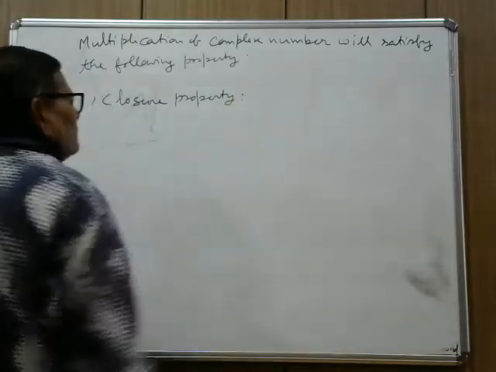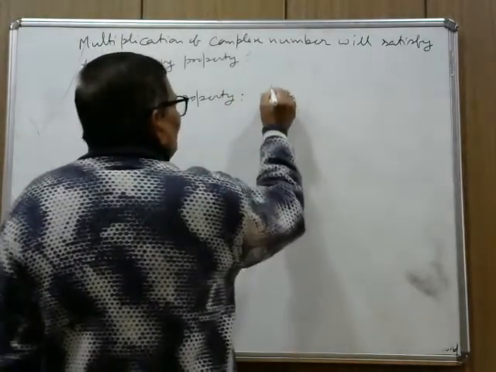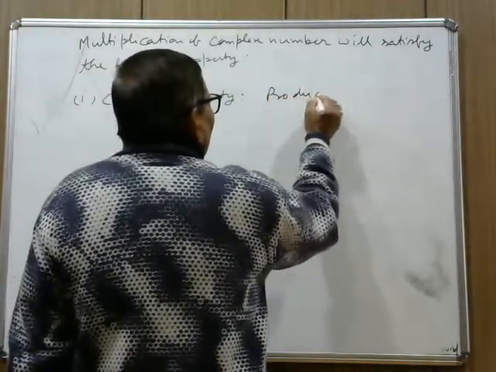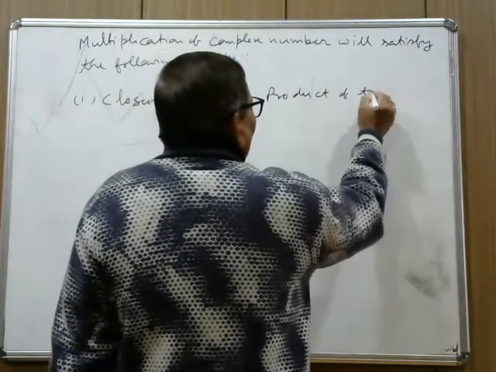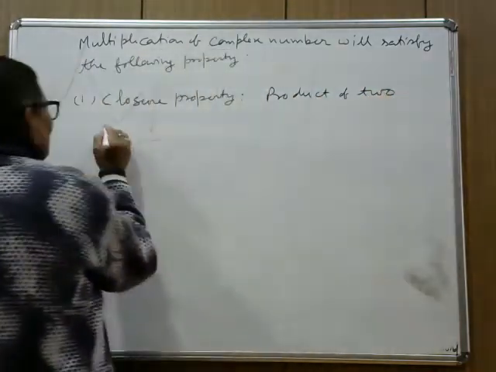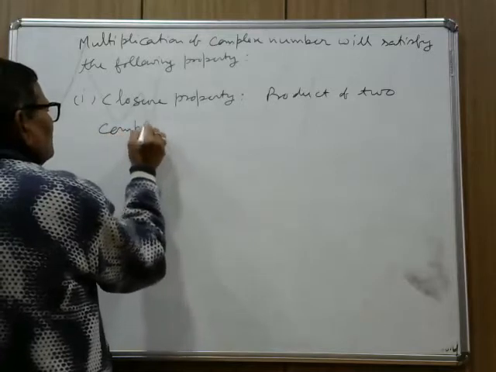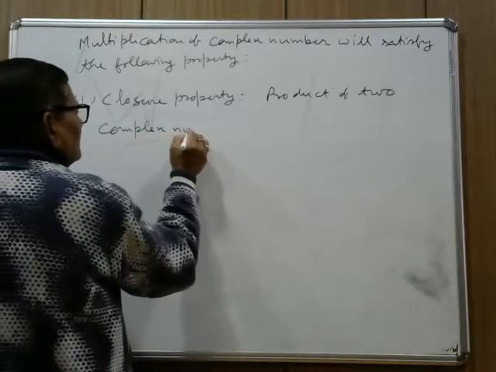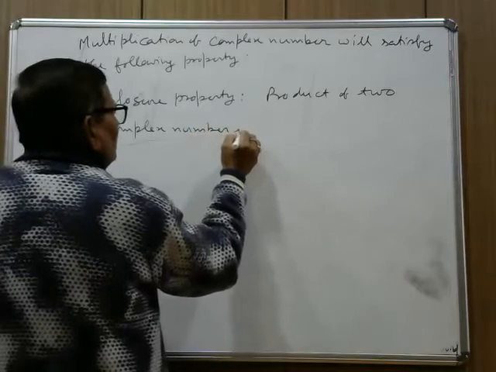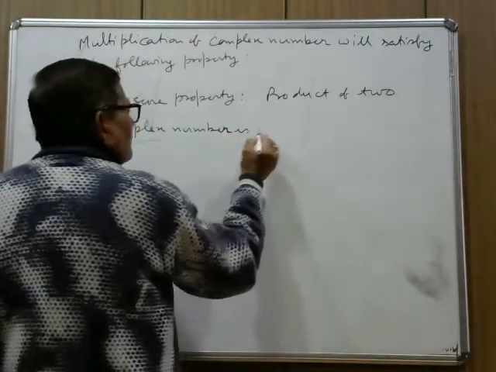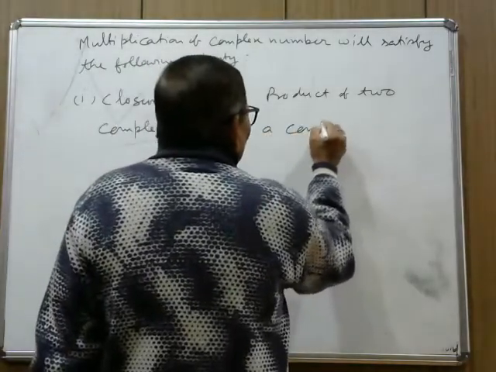The product of two complex numbers is a complex number. You have seen that.